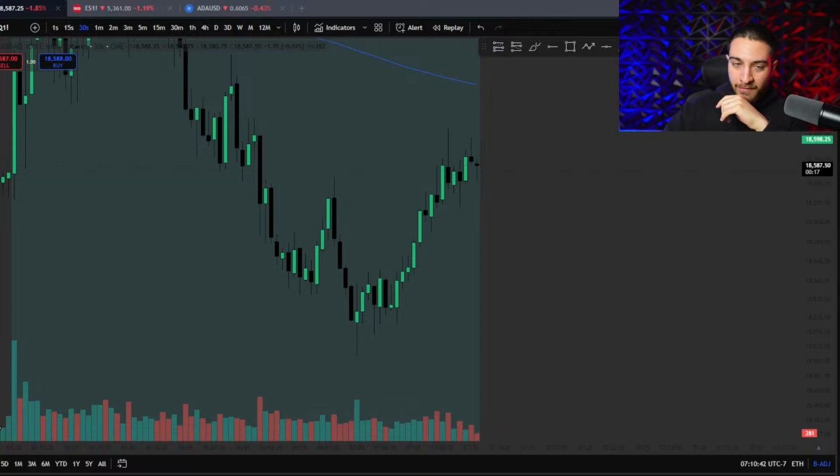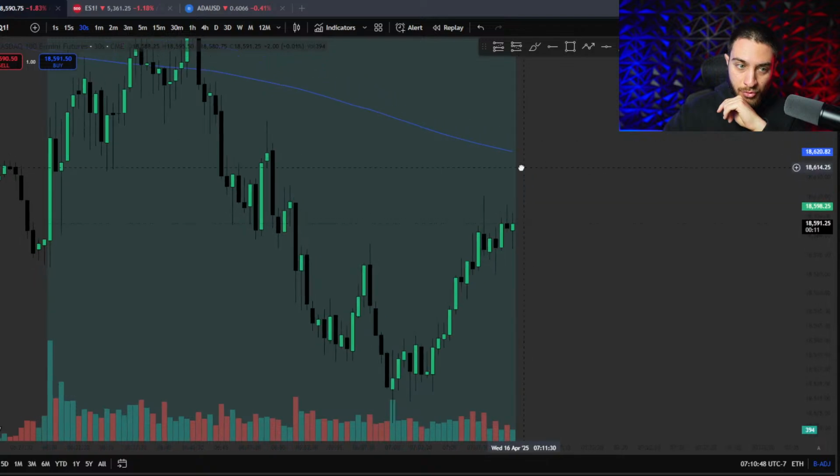So we're waiting for a strong momentum candle to the downside, and that's going to be our setup. But if we don't get it, it's going to be another no trade day.